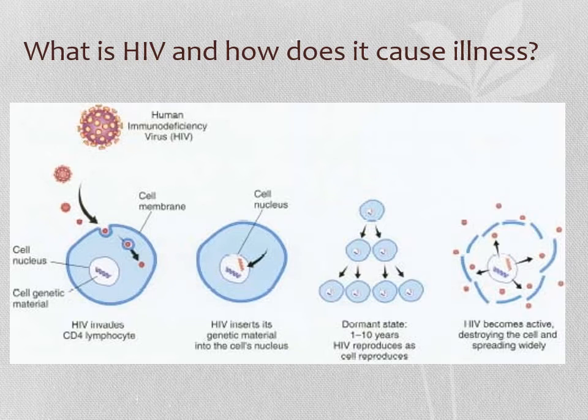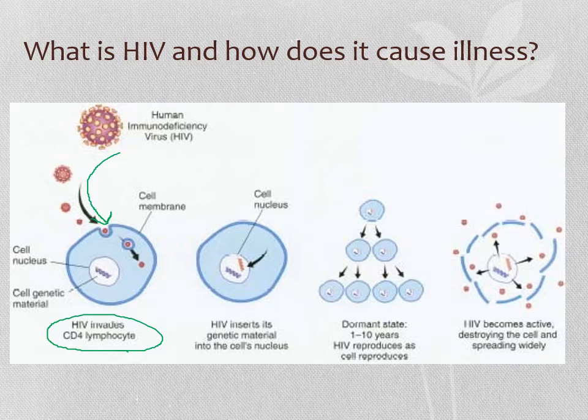So HIV, as I've mentioned, is a virus called the human immunodeficiency virus because it's going to cause the immune system to become deficient and collapse. And the way this virus, like most viruses, works is that the virus is going to dock on your cells, specifically in this case your immune cells, specific immune cells called CD4 lymphocytes.